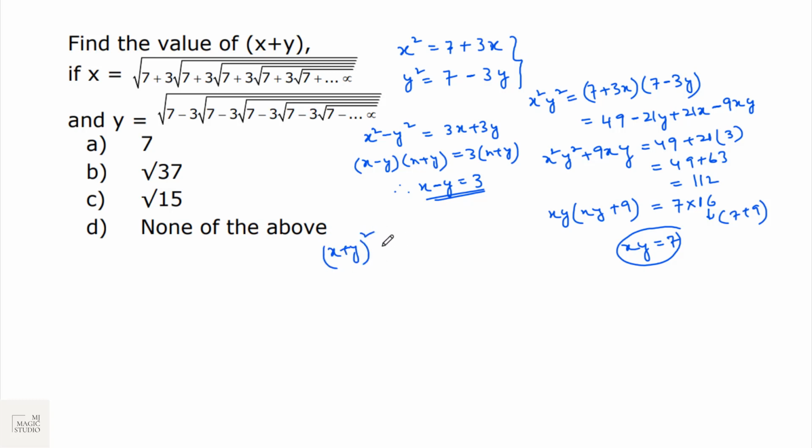So x plus y whole square is x minus y whole square plus 4xy, identities. That is 3 square, which is 9, plus 4 into 7 is 28. 28 plus 9 is 37. Therefore, x plus y is root 37. Option B is the pick.